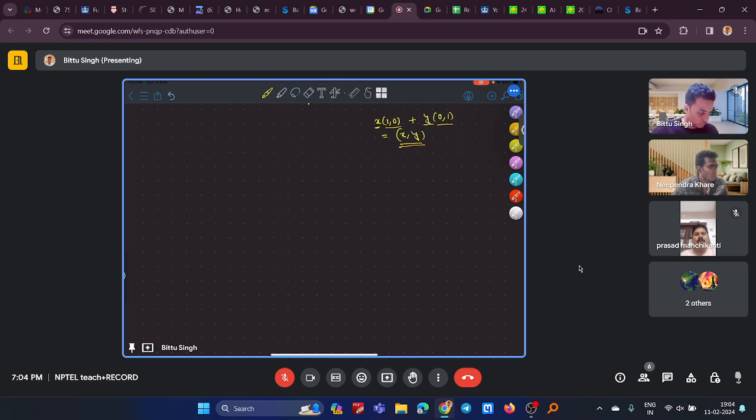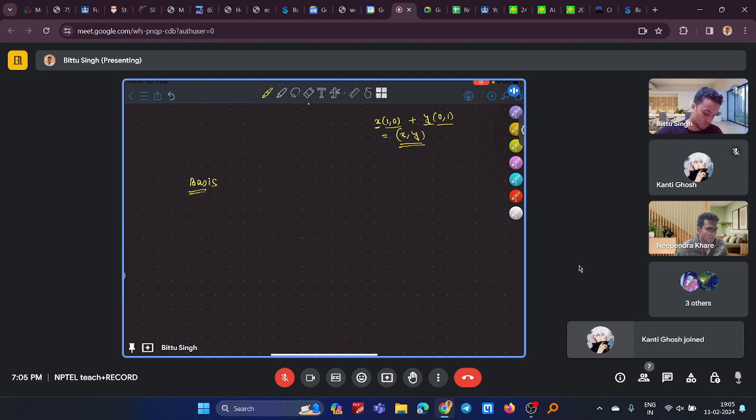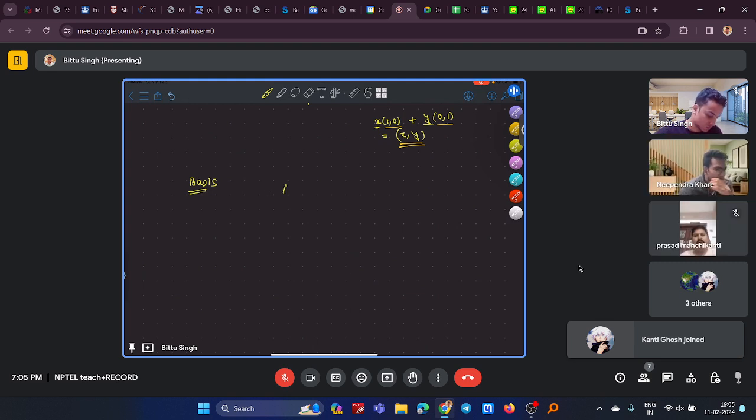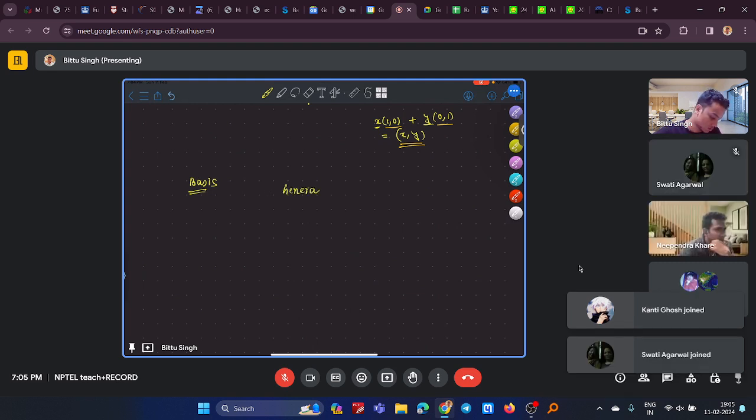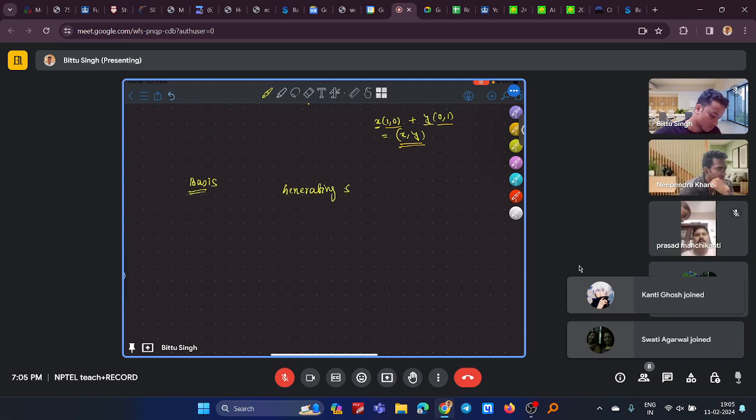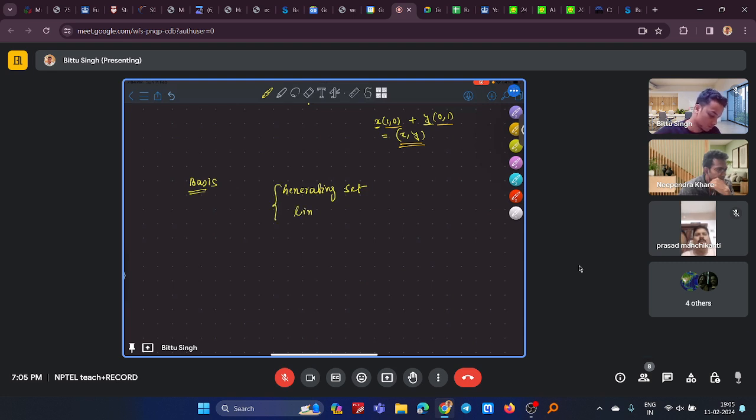So first let us define basis. Basis is a generating set, and another condition is it must be linearly independent.